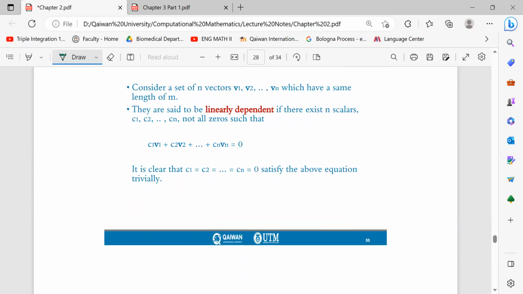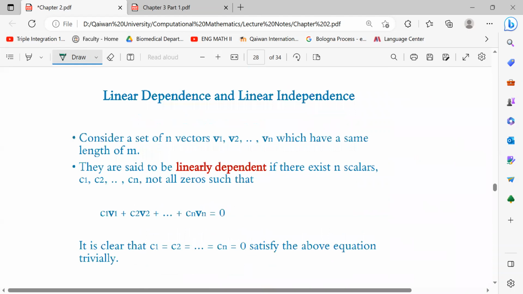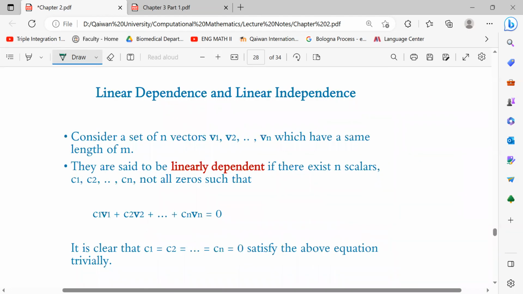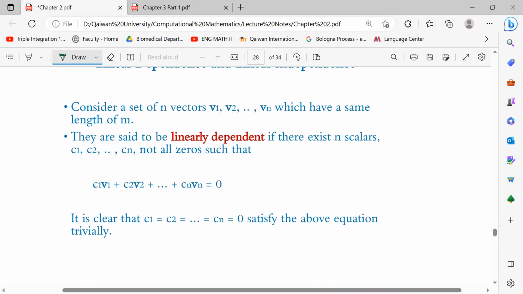You should know reduced row echelon form, then you could prove or disprove that a vector is a linear combination of some vectors or not. Even here, in linearly dependent and linearly independent, we use reduced row echelon form or elementary row operations.